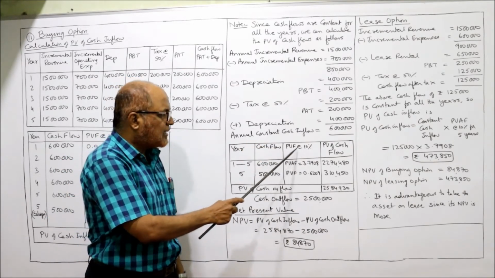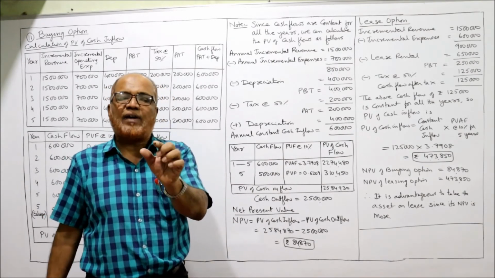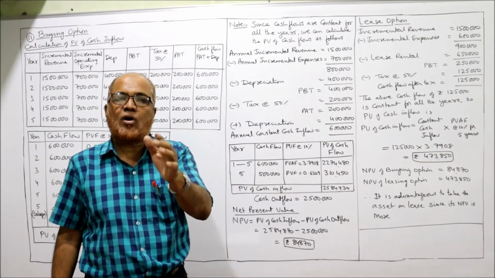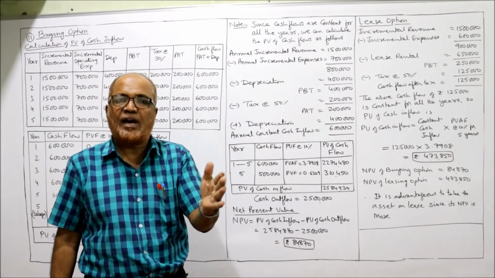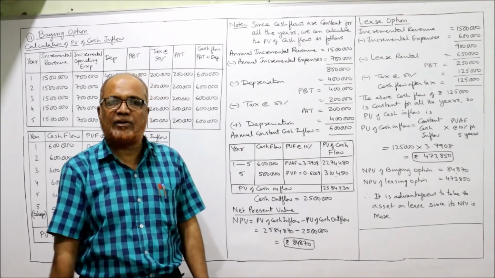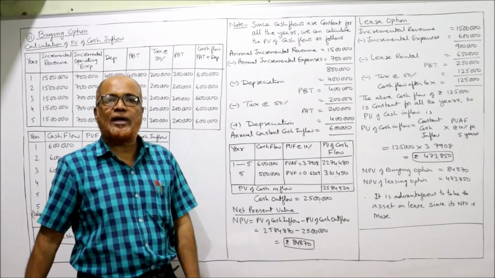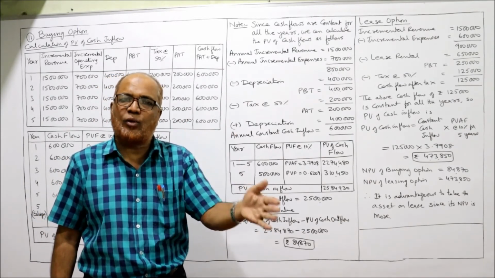Now the PV factor at 10% annuity, PV of annuity. We take the annuity factor only if we are getting the same amount constantly every year. So this 6 lakh rupees we are going to get annually, every year: first year, second year, third year, fourth year, fifth year.